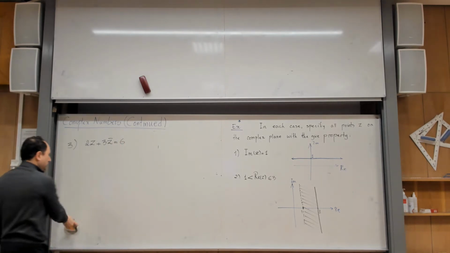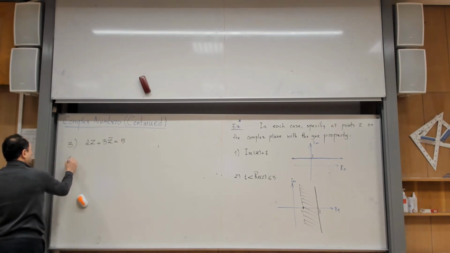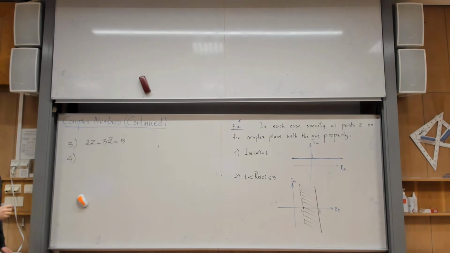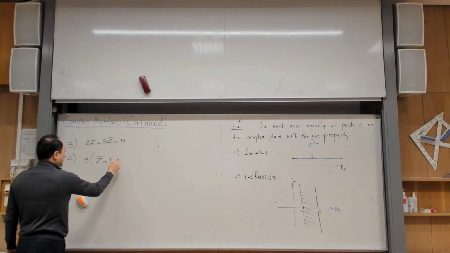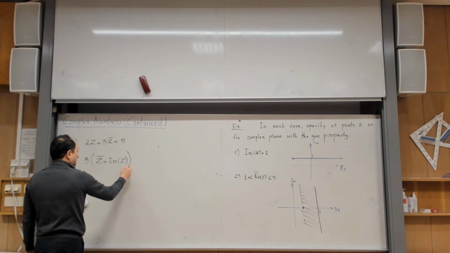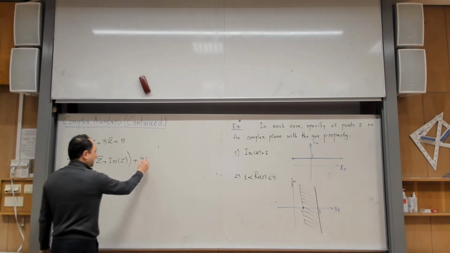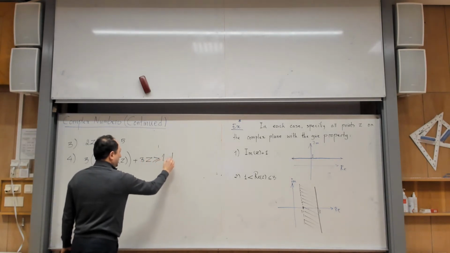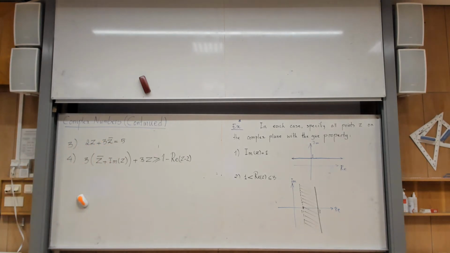No, it's equal to 5 in my writing. And then let me write one more. Number 4. This is more tricky probably. 3 times z bar plus imaginary part of z plus 3z greater than or equal to 1 minus real part of z minus 2. No, there is also a 2 here, sorry.